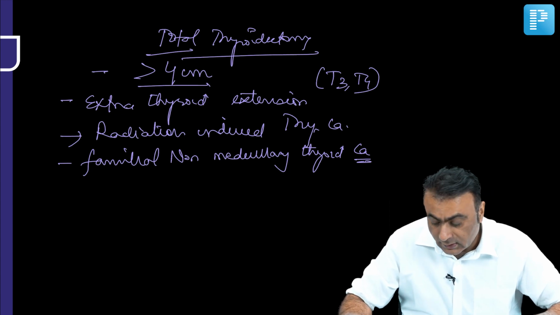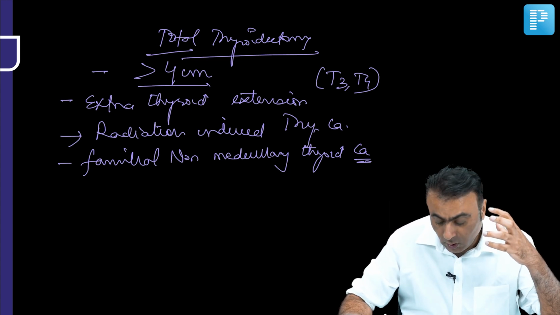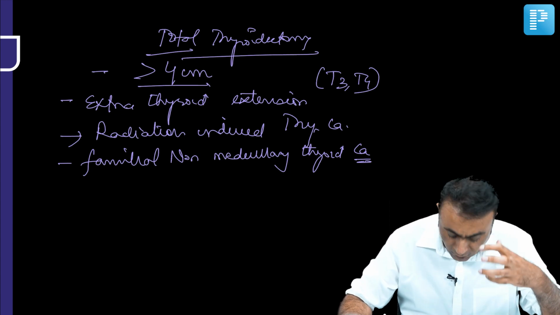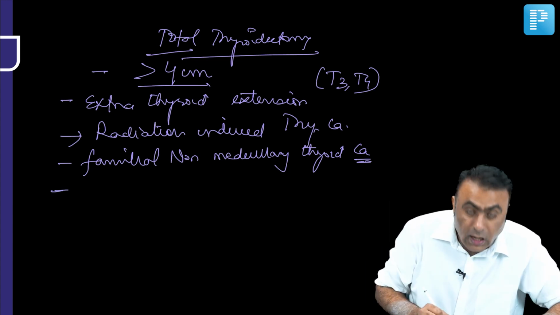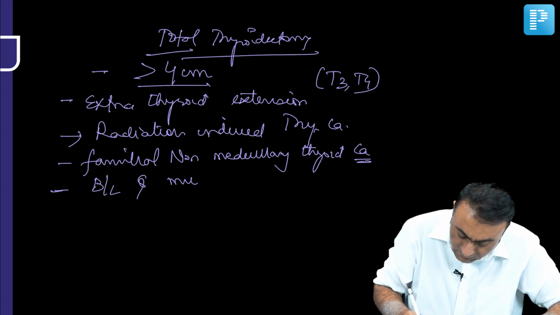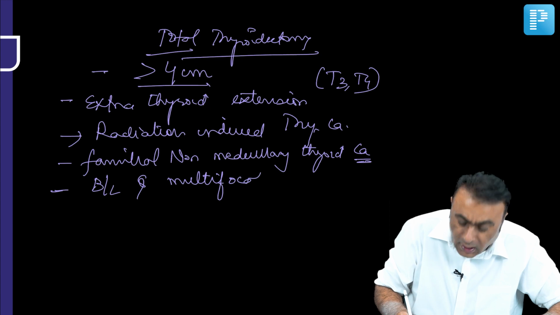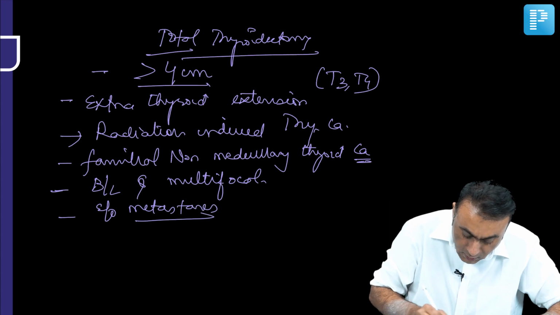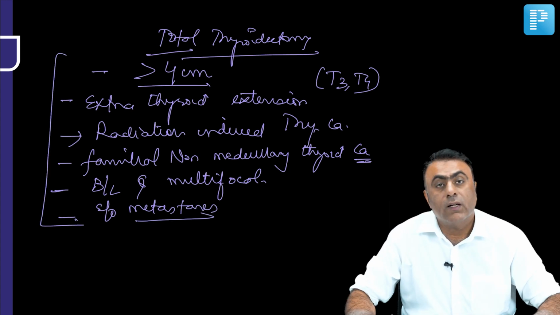So these are also aggressive cancers. So irrespective of size, here we should go for a total thyroidectomy. Apart from this, if the tumor is bilateral and multifocal, or if there is any evidence of metastasis. So these are the patients which should always be managed by total thyroidectomy.